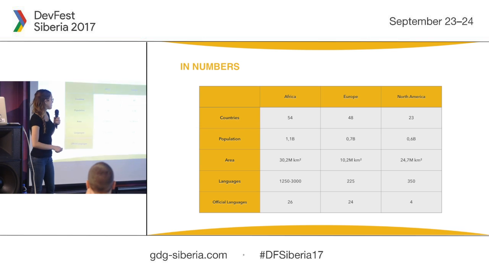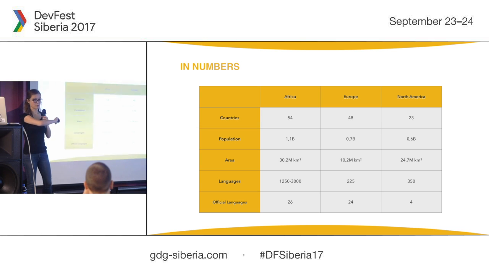Another interesting fact is the languages. While the number of official languages in Africa is not much different from the number of official languages in other continents, the number of languages that are actually being used is way higher, and it's also very different.